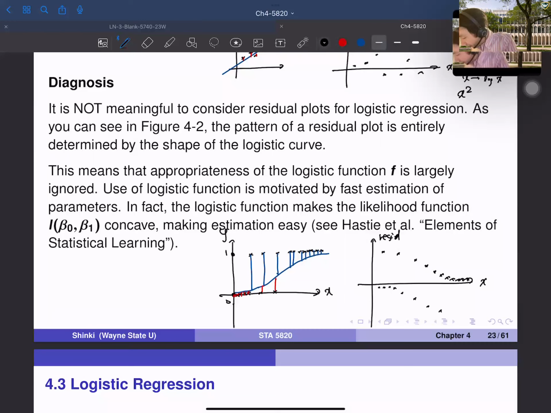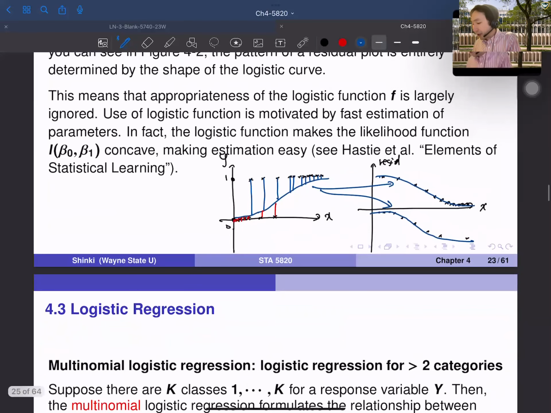Maybe the density has some information, but except for that, the residual plot itself does not make sense. If we group these observations, it may make some sense. That was done in 6840, but usually the residual plots are not analyzed.